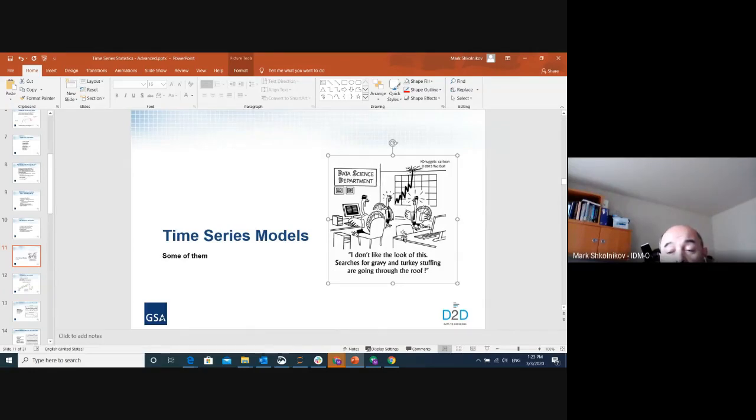So this is how data science can kind of save your life, right? If you're a Turkey and know data science. So this is an example of cross analysis, right? You're looking at other variables, two different variables, stuffing and gravy.